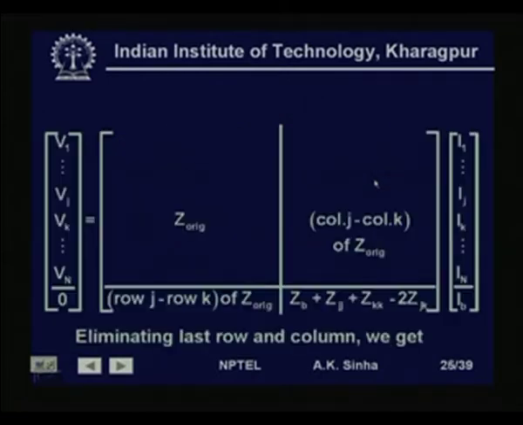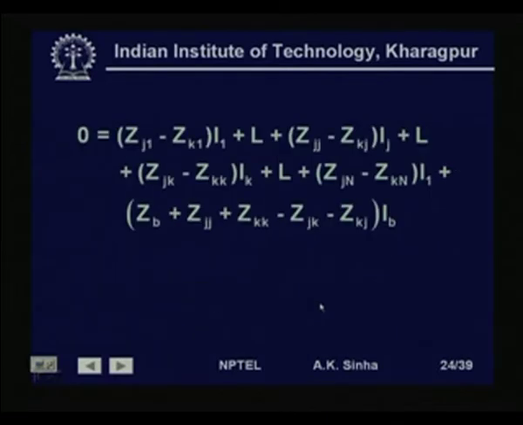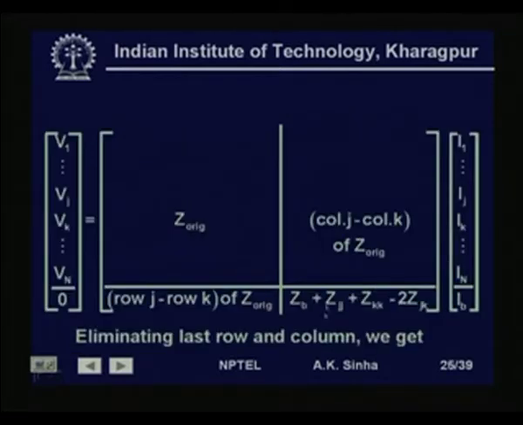So in the n plus 1th row, we have 0 is equal to these terms, row j minus row k terms, n number of such terms, plus the n plus 1 and n plus 1 term, which will be for Ib, and that term is this one. Okay, so we have now this term here.